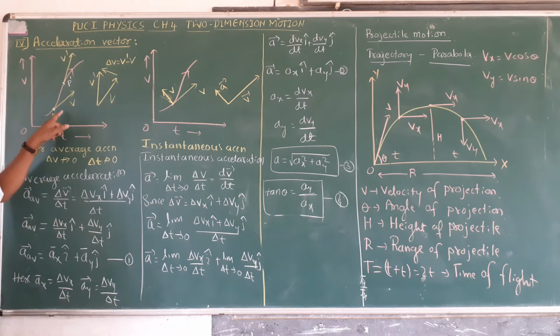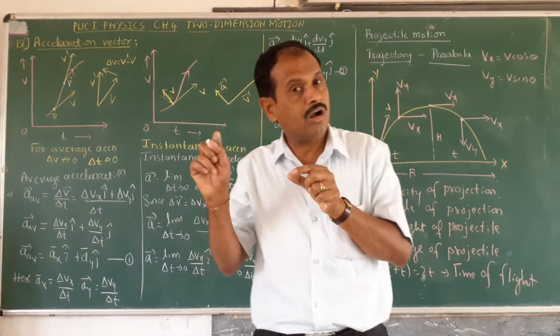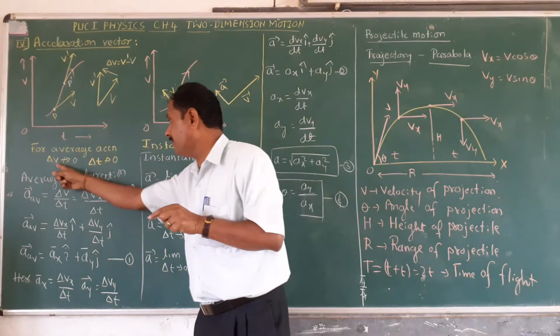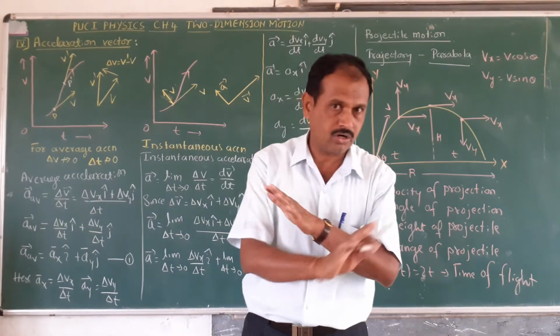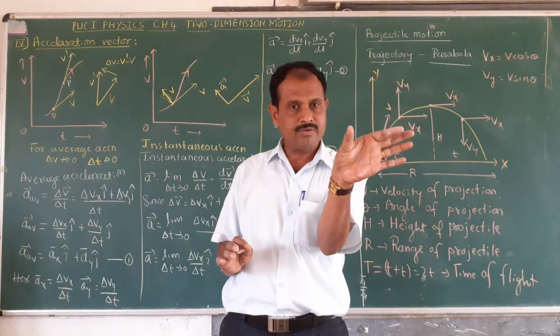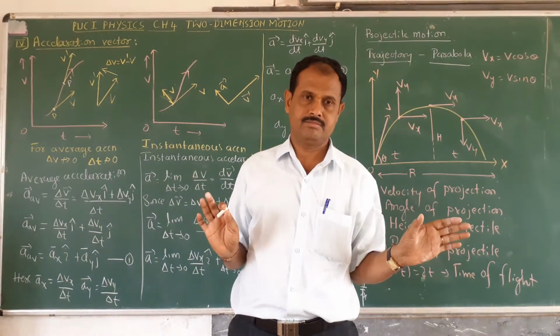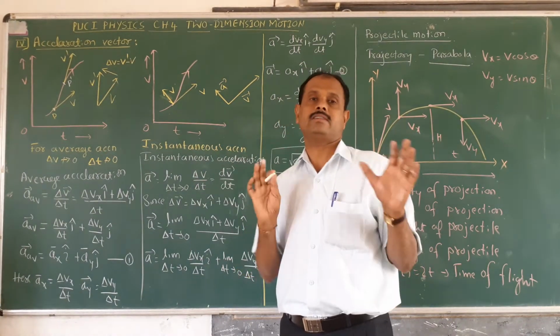Now this is for average acceleration. Here delta v does not tend to 0, and delta t also does not tend to 0. The change in velocity is big, and the time is more. At that time you take average acceleration.